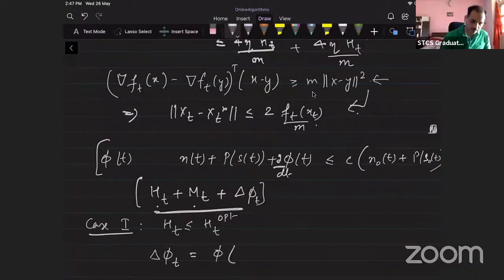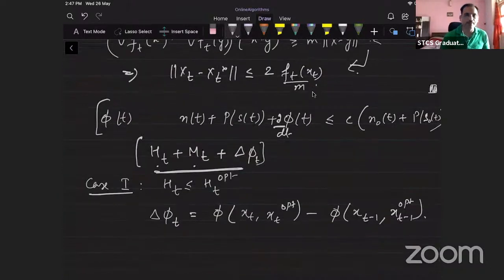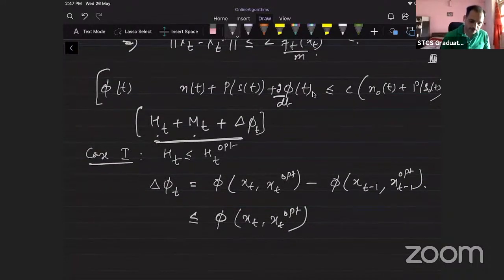By definition it is phi of xt opt minus phi of xt minus 1 xt minus 1 opt. That's just by definition, phi t minus phi t minus 1. And this we know is at most phi of xt comma xt opt. And by our previous lemma, we just get that this is at most 4 eta by m ht.